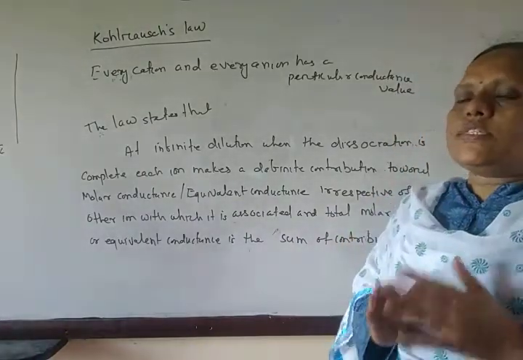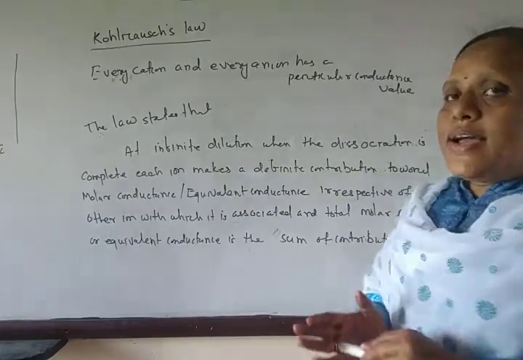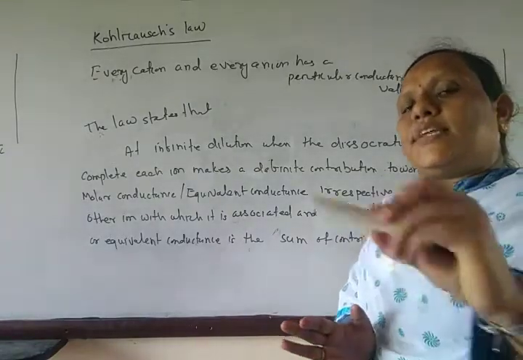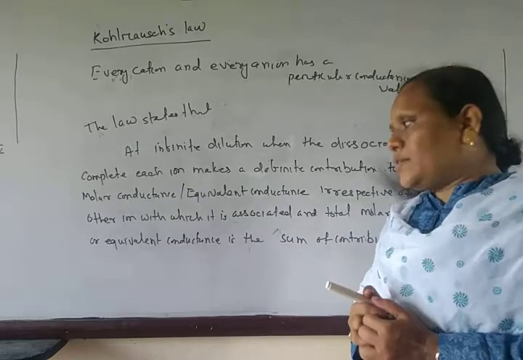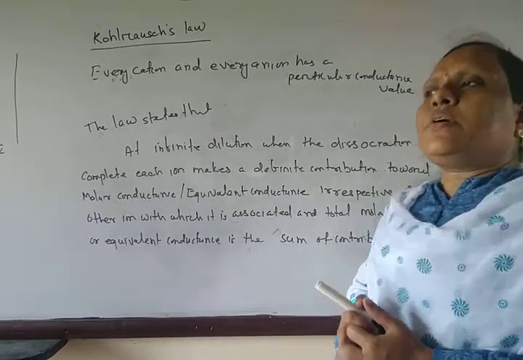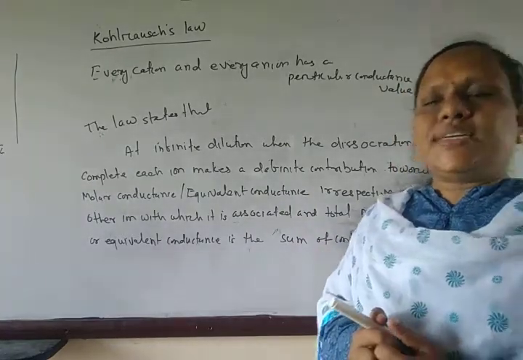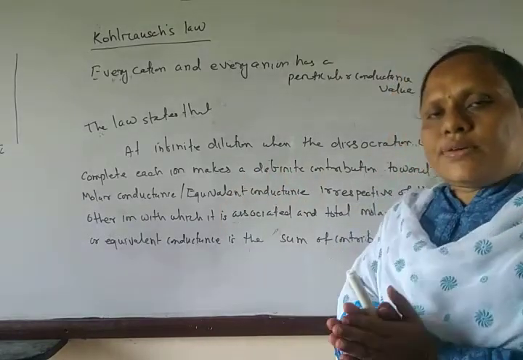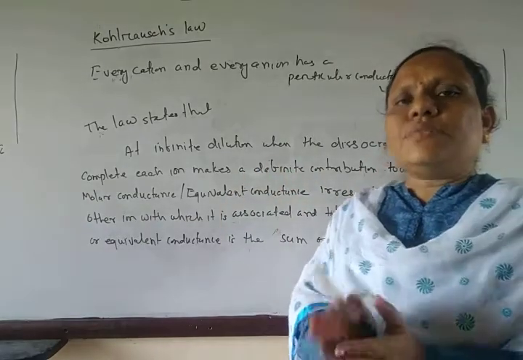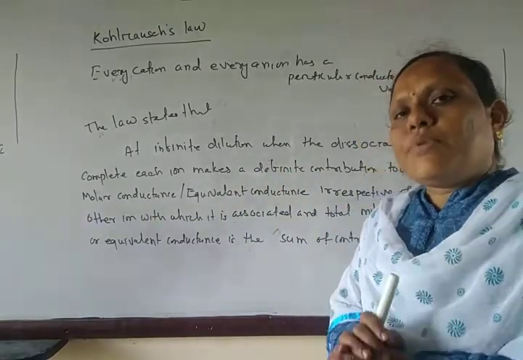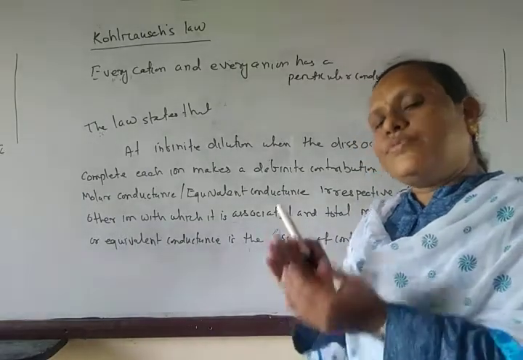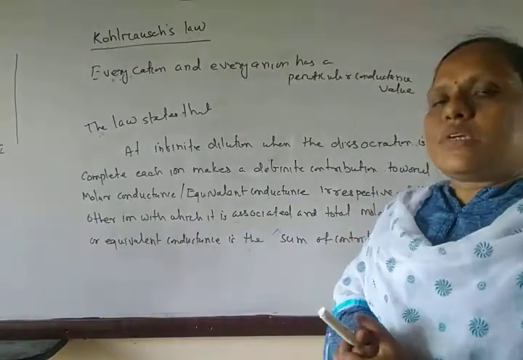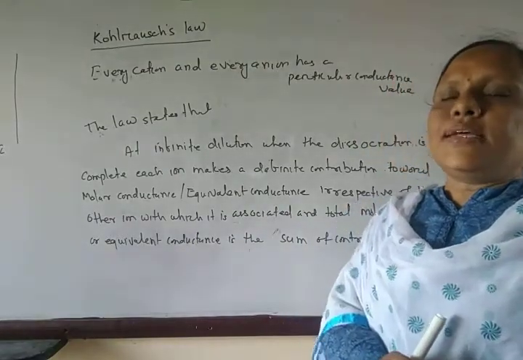Each ion makes a definite contribution towards equivalent conductance or molar conductance, irrespective of the other ion with which it is associated. And the total equivalent conductance or molar conductance of the electrolyte is the sum of the molar conductance of each ions, or the sum of contributions of cations and anions.